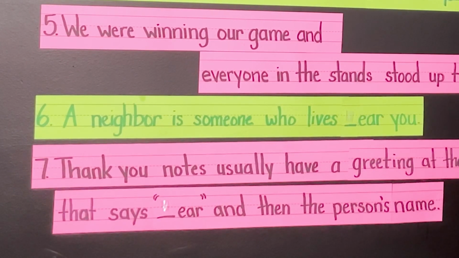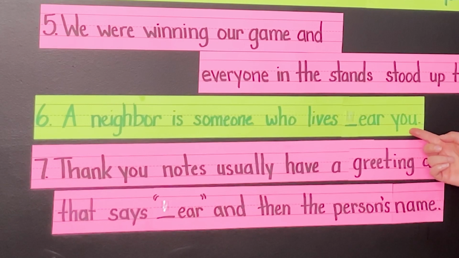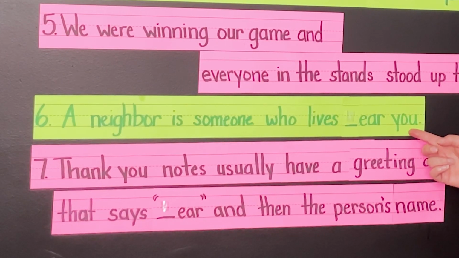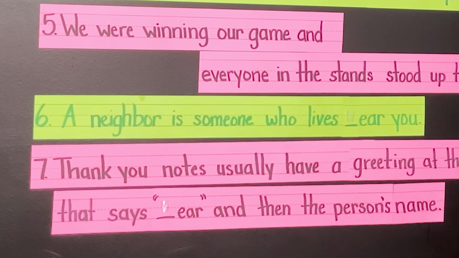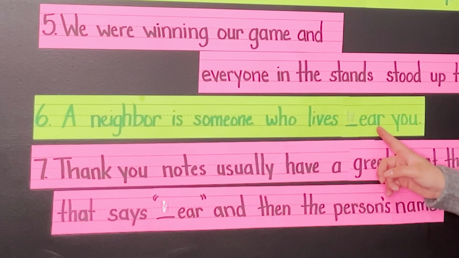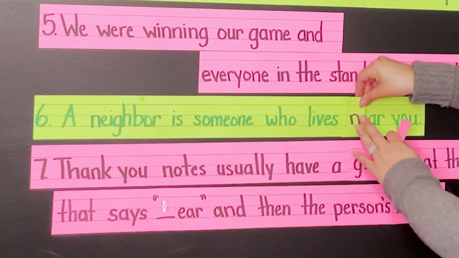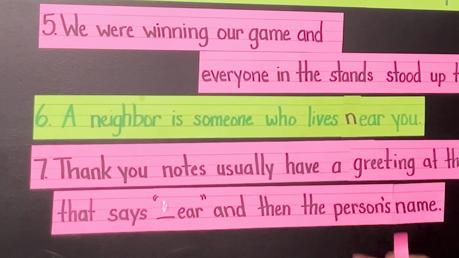A neighbor is someone who lives you. Near you. Nice job. Yeah, your neighbor lives next to you somewhere, right? Could be on this side, could be on that side, could be across the street. What sound are we missing at the beginning of that word? We already have ear. Ear. They live near you.